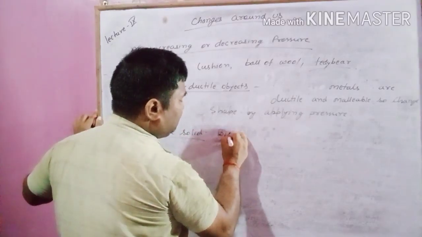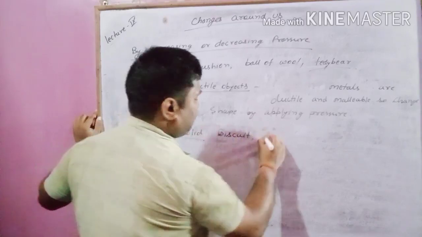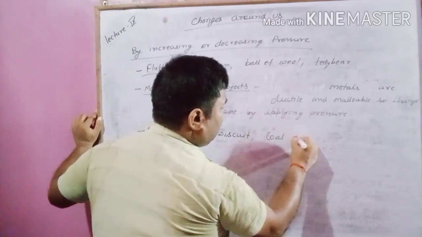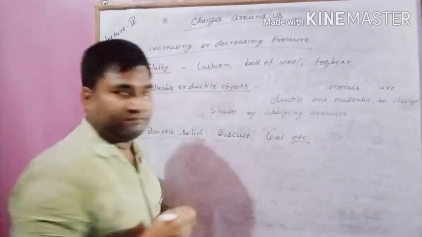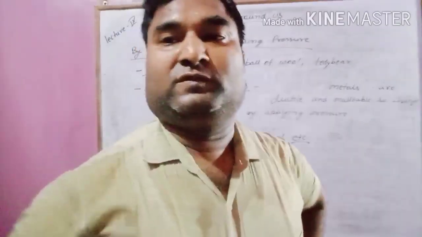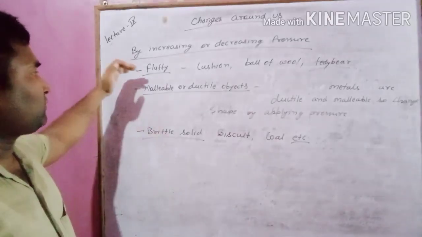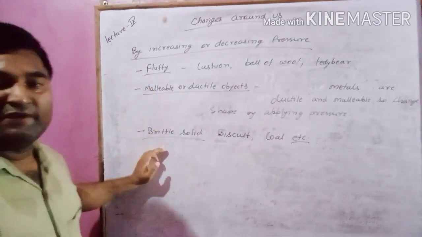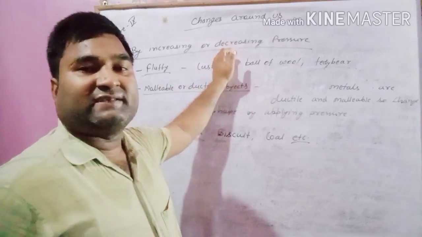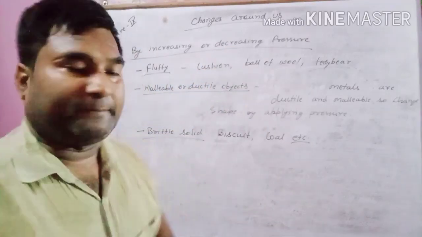Example: biscuit, coal, etc. So if the solid is fluffy, malleable or brittle, applying pressure can change its shape.